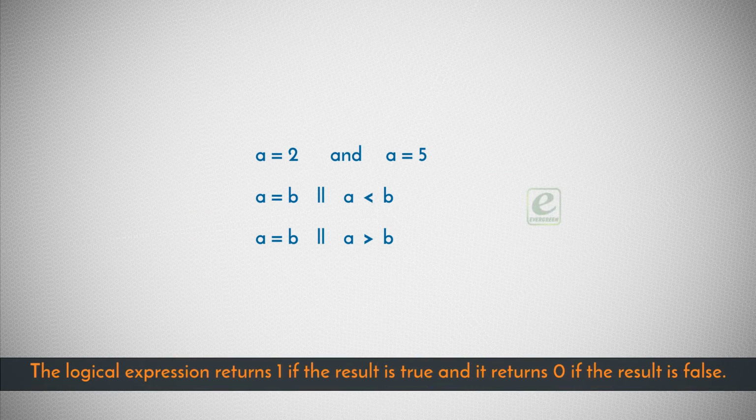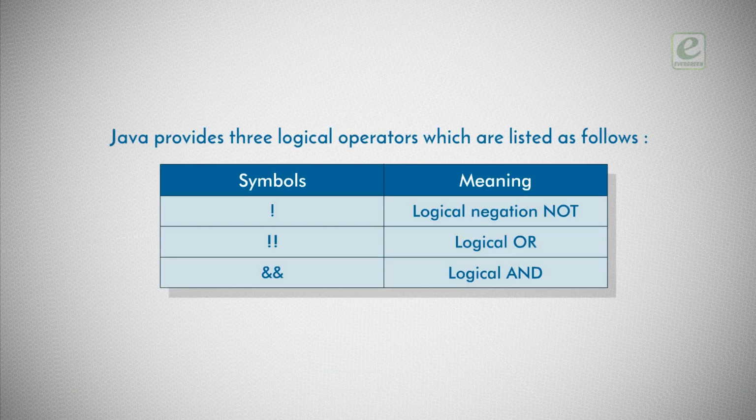The logical expression returns 1 if the result is true, and it returns 0 if the result is false. Java provides 3 logical operators which are listed as follows. Symbol, meaning: logical negation, not; logical or; logical and.